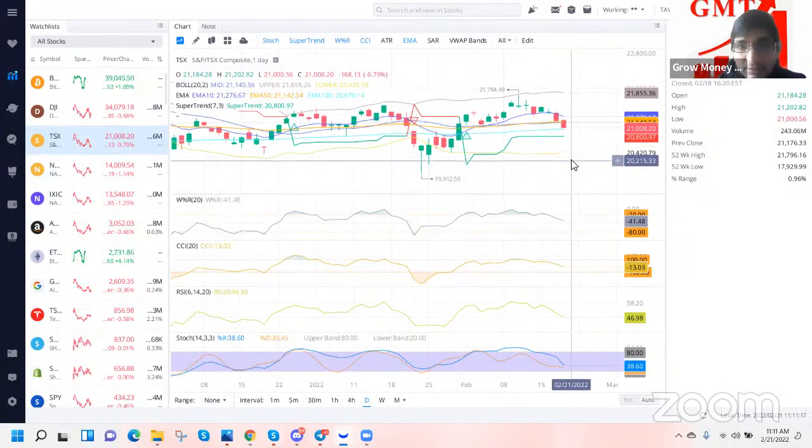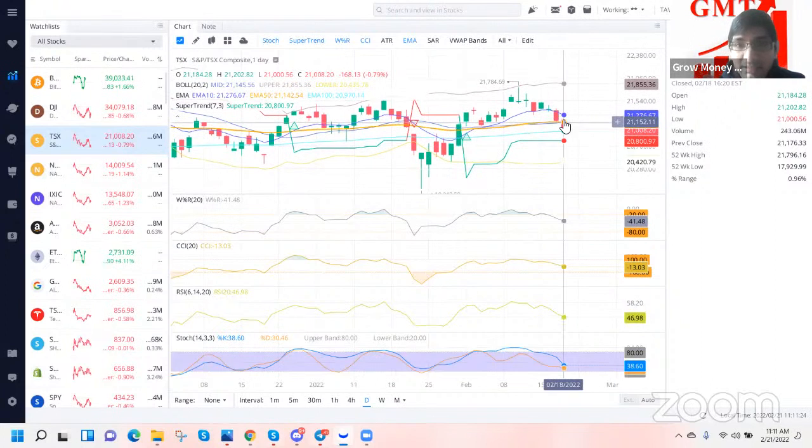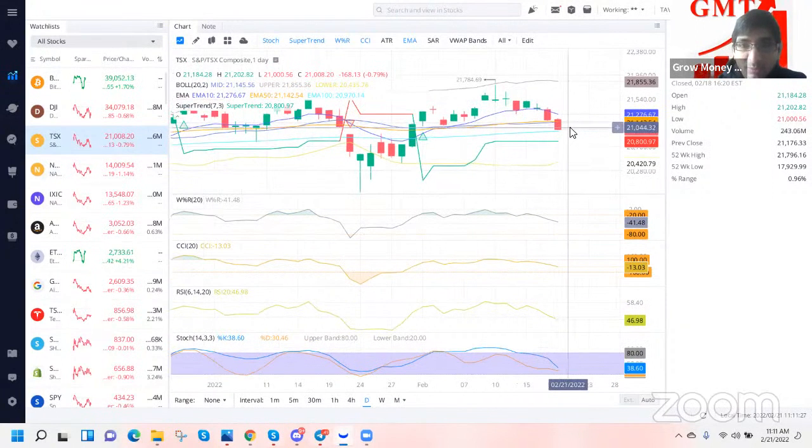On the daily chart, again the last two candles are red, and if you look closely, the last candle has formed almost a Marubozu, though there is a very small wick on both upside and downside. It is a red candle falling from above the mid Bollinger Band towards the lower mid Bollinger Band, which means we can expect TSX stocks to fall further.